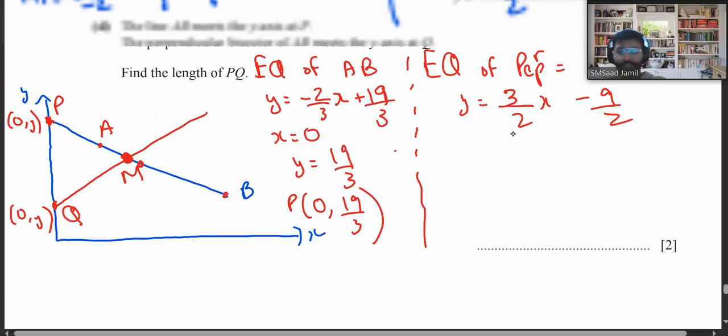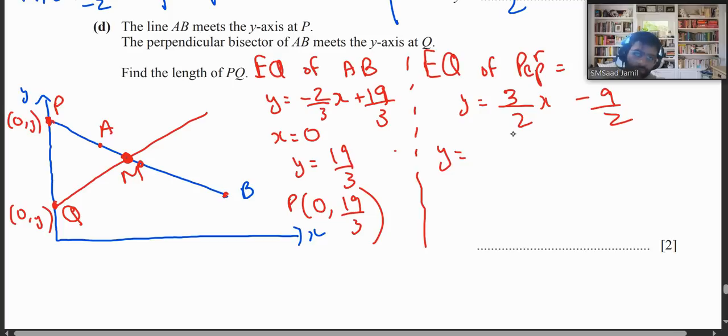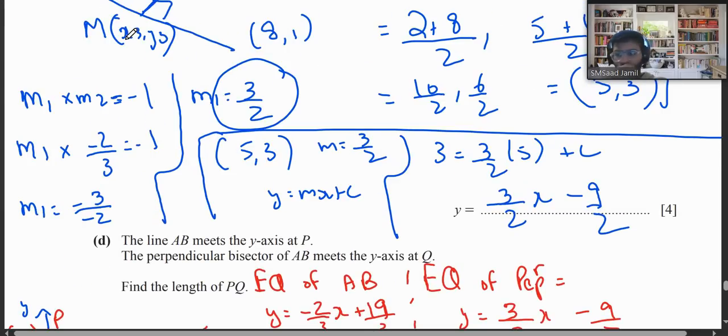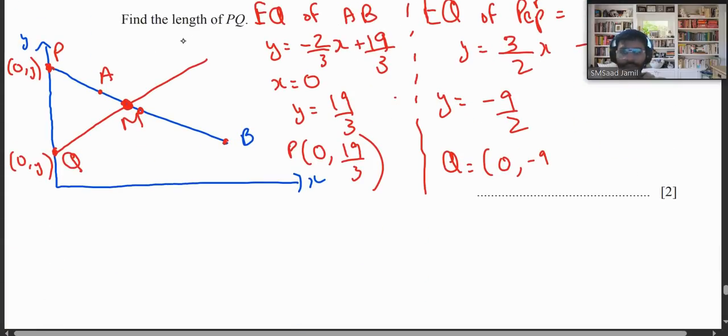Again, this point is meeting at Q. The value of x is 0, so 3 multiplied by 0 is 0, 0 divided by 2 is also 0, so y is equal to minus 9 upon 2. Now the coordinates of Q are 0, negative 9 upon 2.